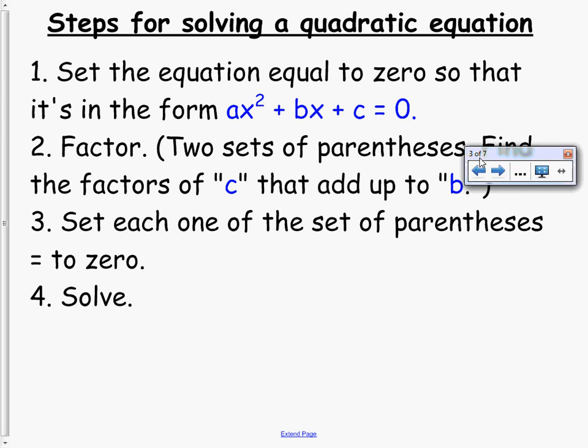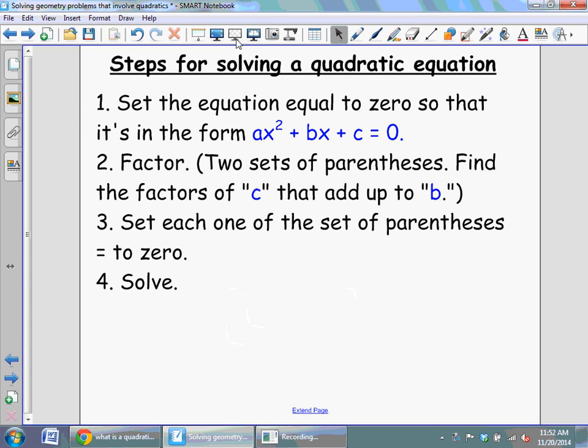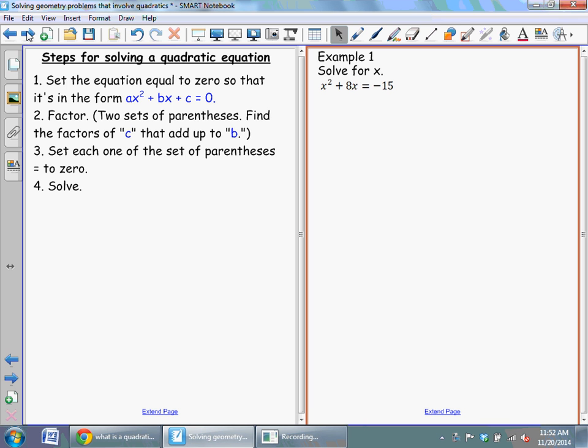So here are some steps, or guidelines rather, that we can use to solve quadratic equations. And I'm going to use these guidelines to help me solve that equation we just saw. So example 1 says solve for x.